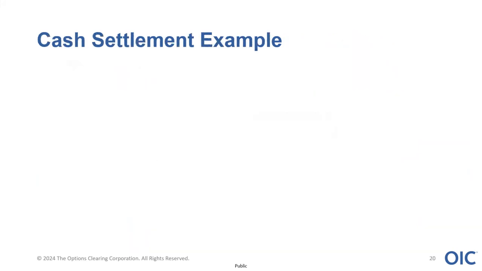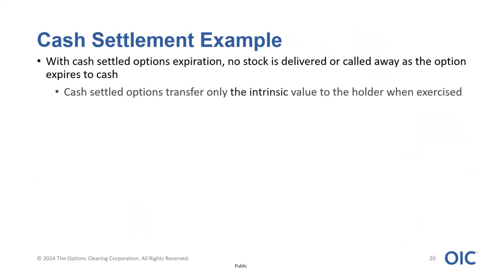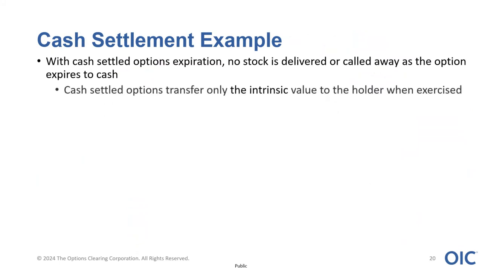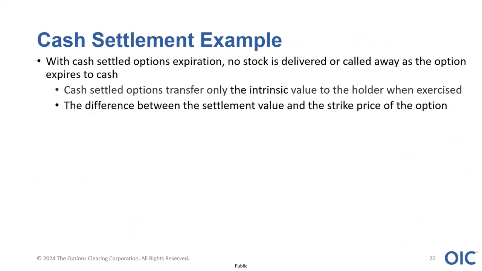Let's take a look at a cash settlement example here. With cash settled options, no stock is delivered or called away as an option expires to cash. So cash settled options transfer only the intrinsic value to the holder when they're exercised. The difference between settlement value and the strike price of the option is how that works.